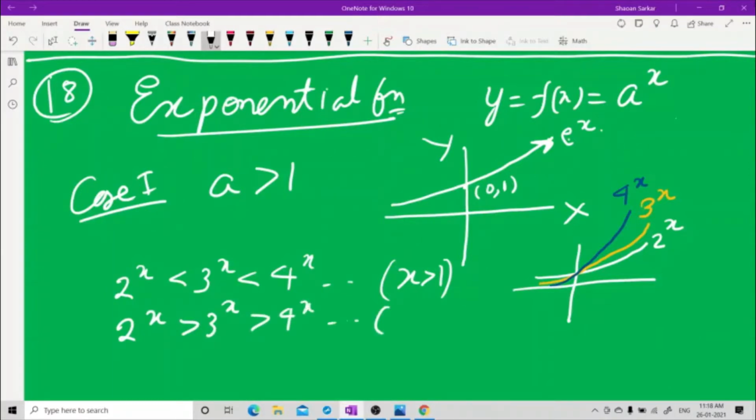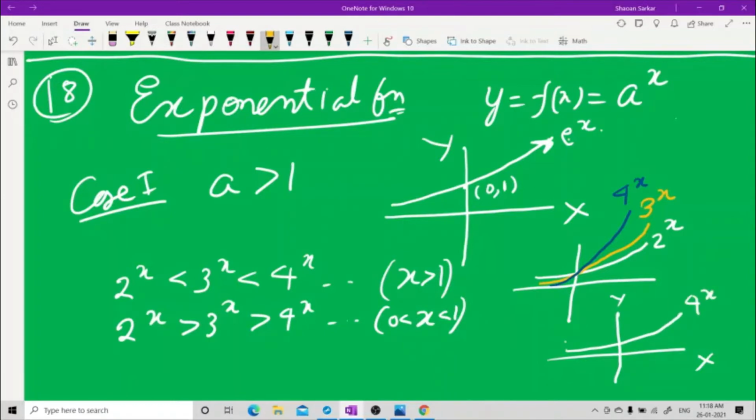If x is in between 0 and 1, what will be the change? Now see the change. What will happen? Let me draw the graph again here. This is your x, this is your y. This one will be 4 to the power of x.